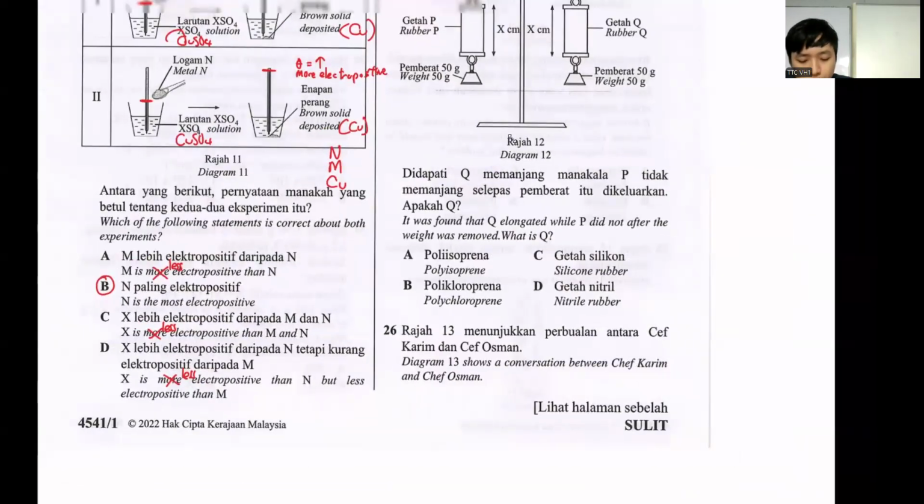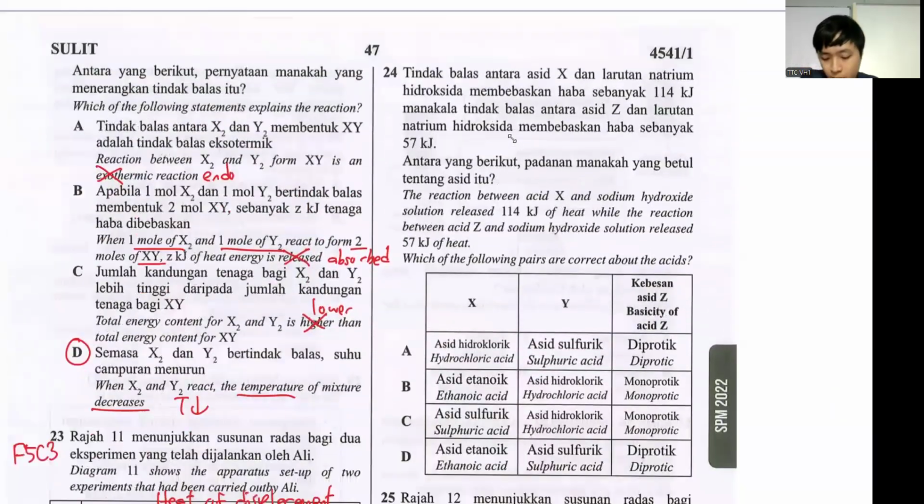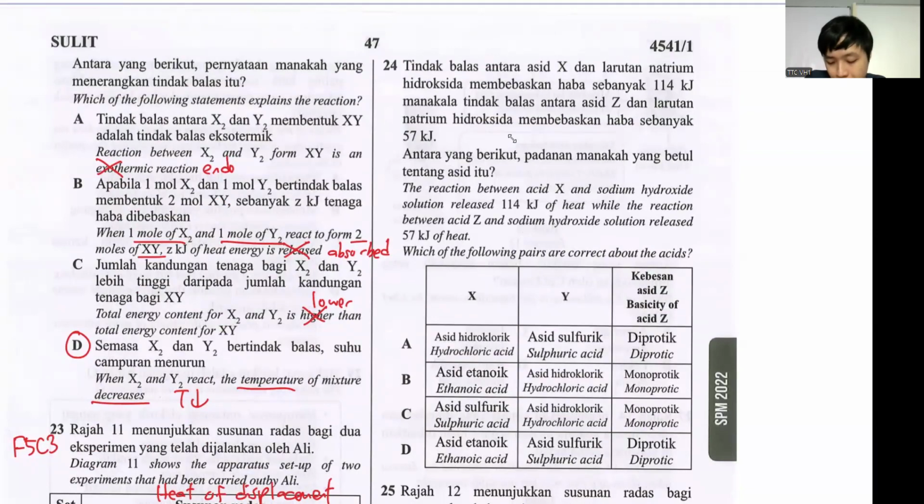Now move on. Question 24. This is also from Form 5 Chapter 3. This is talking about the heat of neutralization.